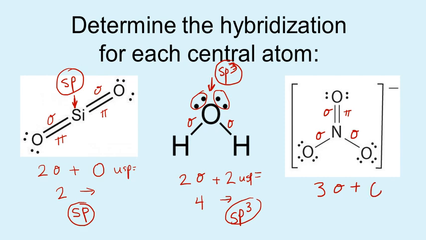So it's 0 unshared pairs, and 3 plus 0 is 3. And from our previous chart, we said that that number 3 corresponds to a hybridization of sp2. And so we can say that that nitrogen atom right there in the middle is exhibiting sp2 hybridization. And so based upon this lesson, hopefully you can determine the hybridization for just about any central atom in a molecule that you would come across.